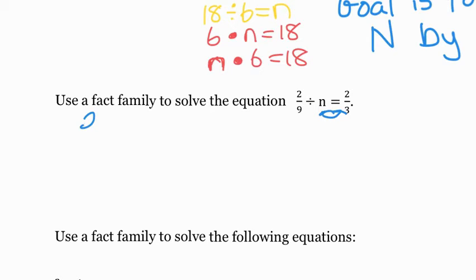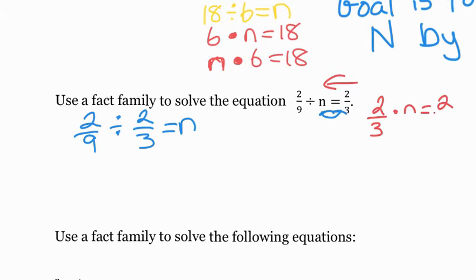So I would have 2/9 divided by 2/3 equals n. Well, n's by itself, so I can go further than that. You don't need to write this, but the next one would be to do it in reverse, which would be 2/3 times n equals 2/9, and that doesn't help me because I can't solve.